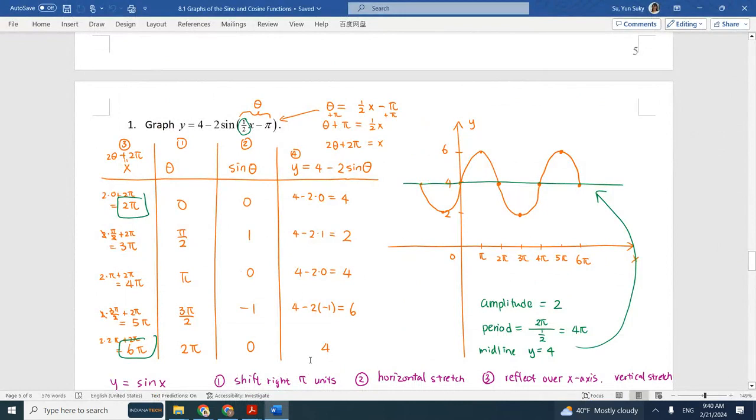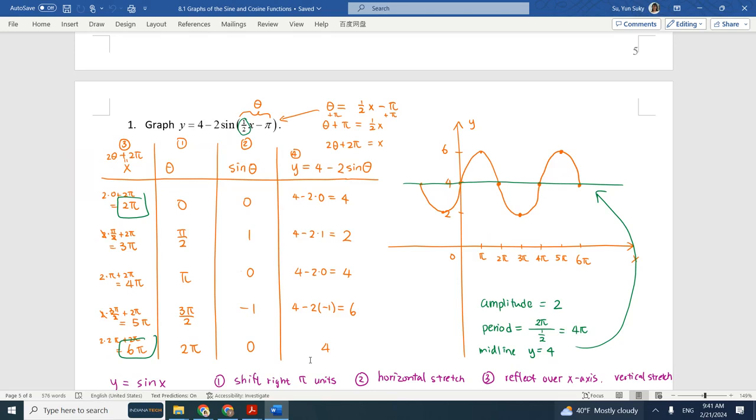And then look at your theta. Theta is the angle. You solve for x in terms of theta. And now you can fill in the x column. X is 2 theta plus 2 pi. So every theta value, you plug into this formula to find the x. Do you still remember, everybody? So you fill out the x column.